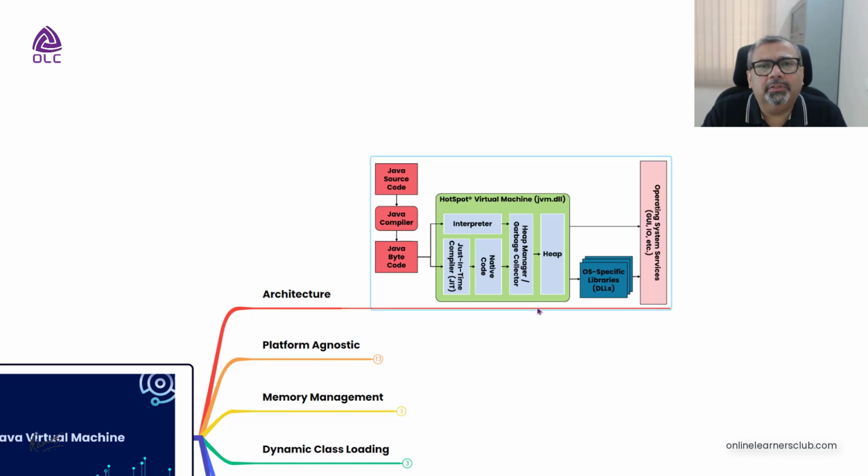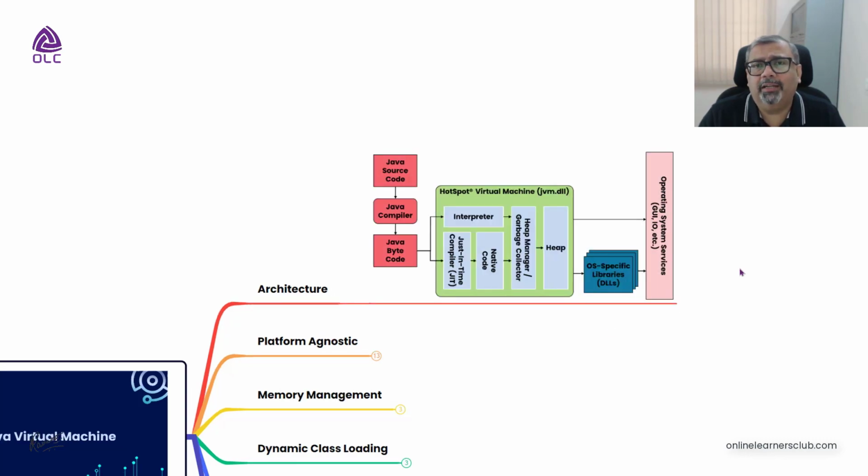Internally, the native code requires memory, and this is supplied by the heap memory, which is part of the Java virtual machine, which essentially is nothing but the RAM or memory present in the operating system. In order to access this, there are OS specific libraries which are used by the JVM environment.